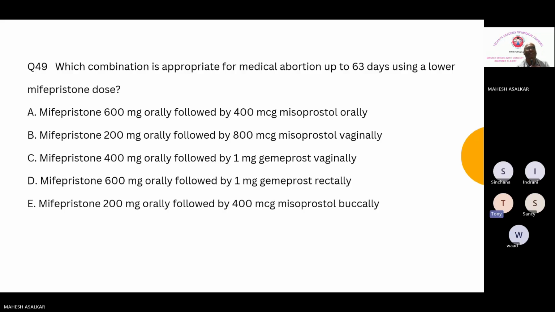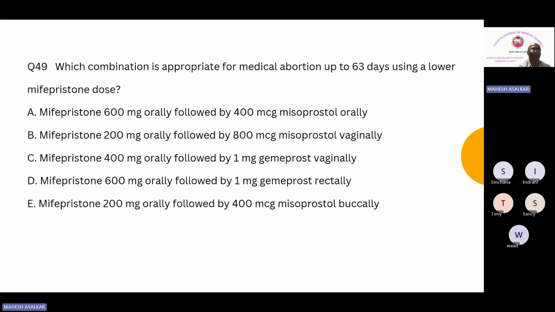Yes, next: which combination is appropriate for medical abortion up to 63 days using a lower mifepristone dose? Low mifepristone dose: 200 milligram mifepristone orally followed by 800. I think B should be it. Miso 400 we know is only up to 49 days.